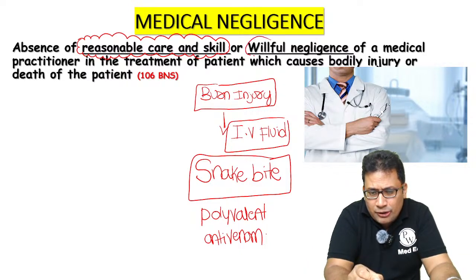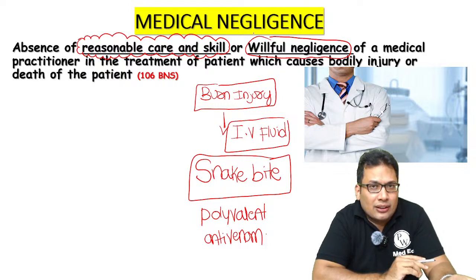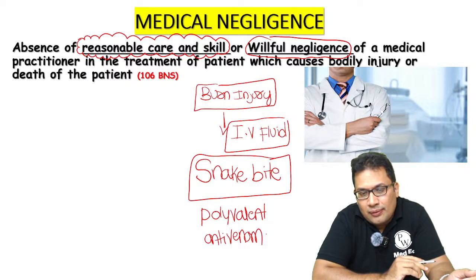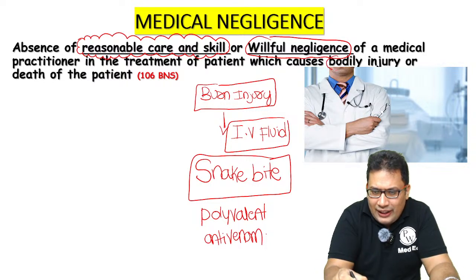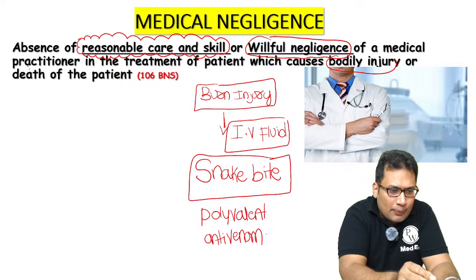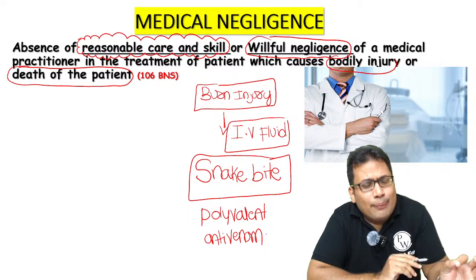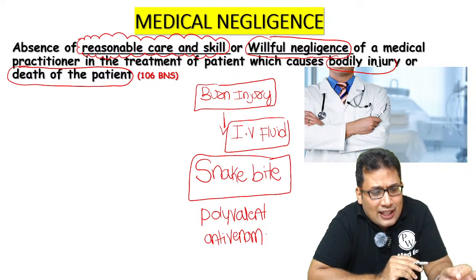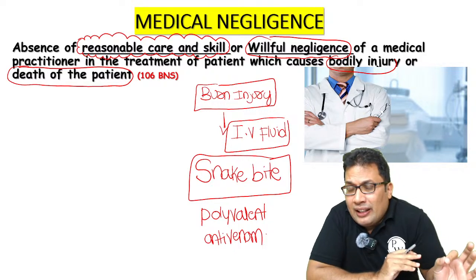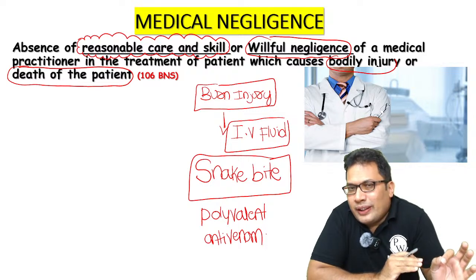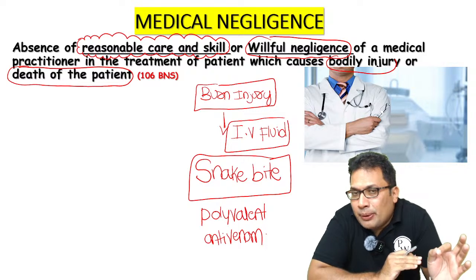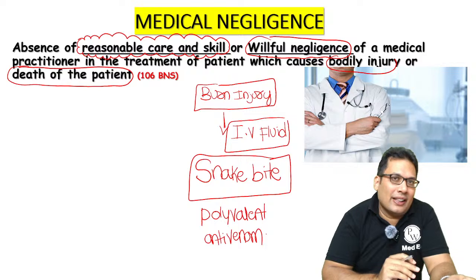Willful negligence: when a doctor is willfully negligent in treating a patient, leading to bodily injury or death of the patient. Here comes one very important MCQ that can be asked in your exam: medical negligence leading to death of the patient is punishable under 106 BNS.